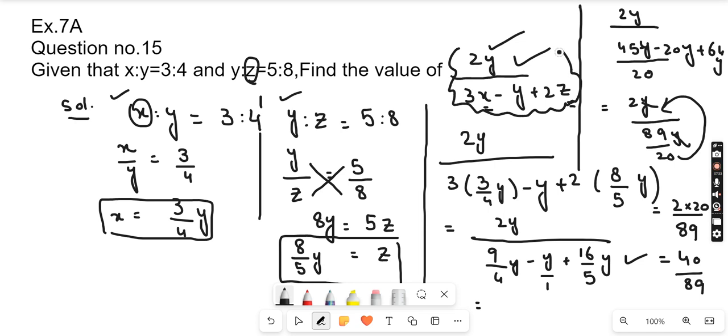I'm going to revise this question. What this question says, x ratio y is 3 ratio 4, y ratio z is 5 ratio 8.